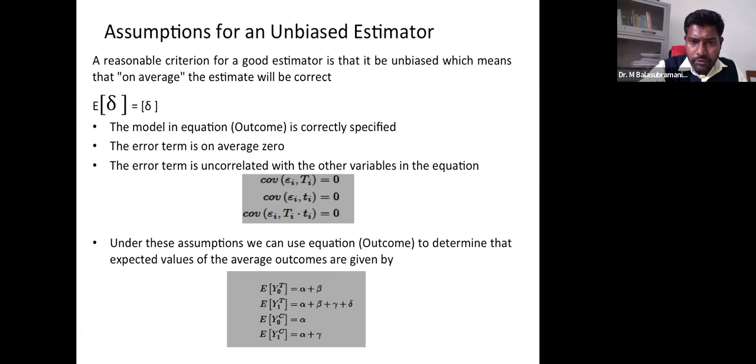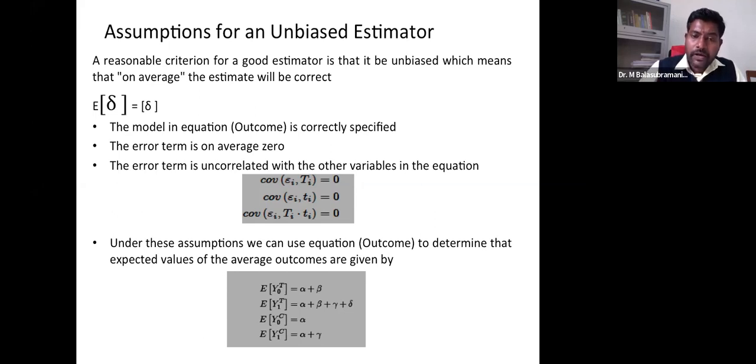Technology and time are each individually uncorrelated with the error term, and the combination of both has no correlation with it either. This assumption we can call by another name: the parallel trend assumption.